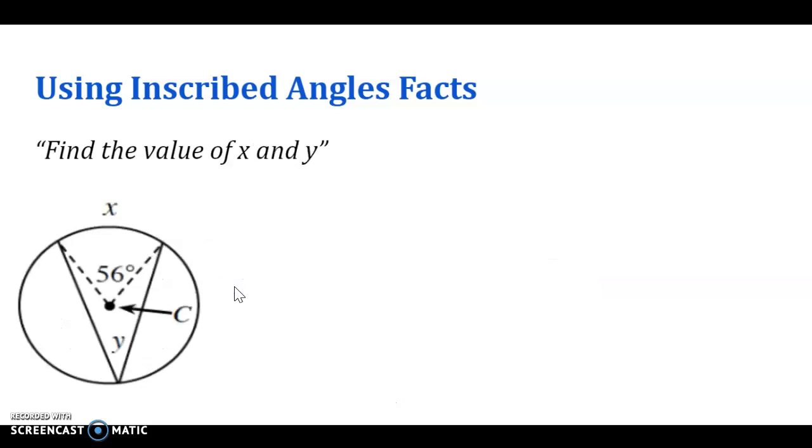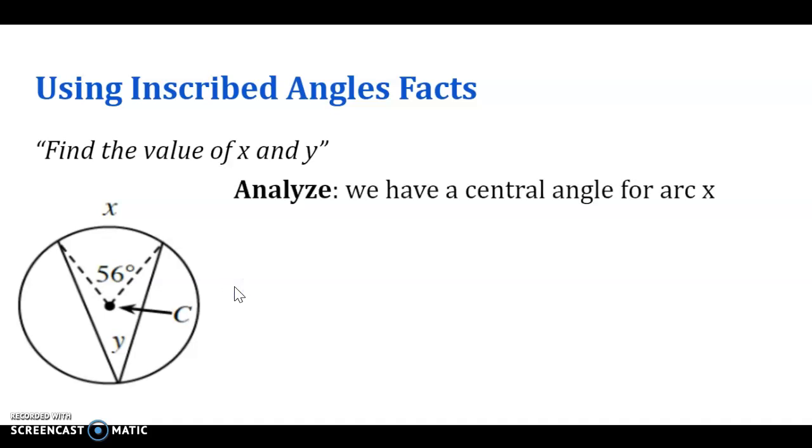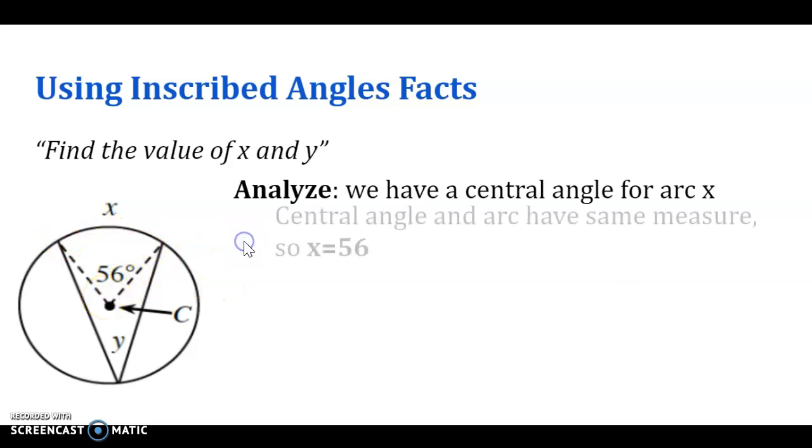Let's try another problem. Find the value of x and y. What do we have now? We have a central angle of arc x. We have an arc x, we have a central angle, and we're trying to find the angle y. The central angle and arc have the same measure, so if this is 56 degrees, then the arc has to be 56 degrees.